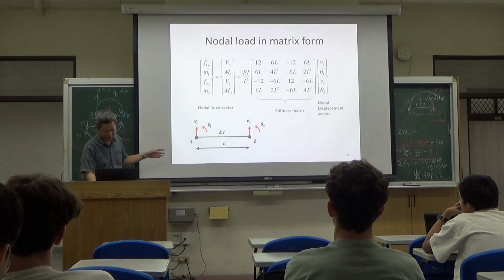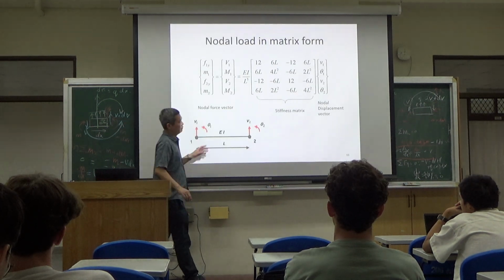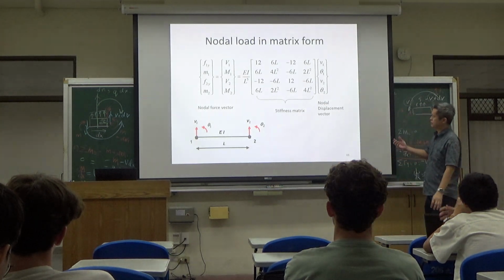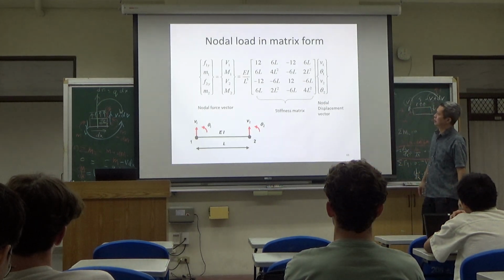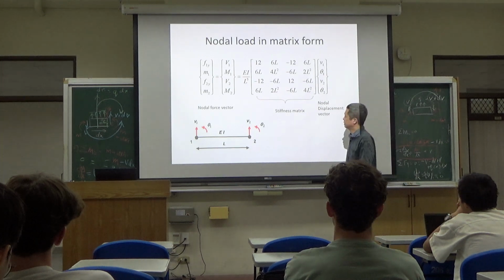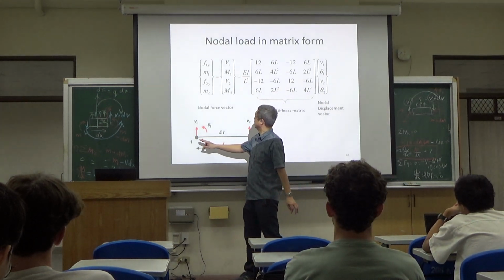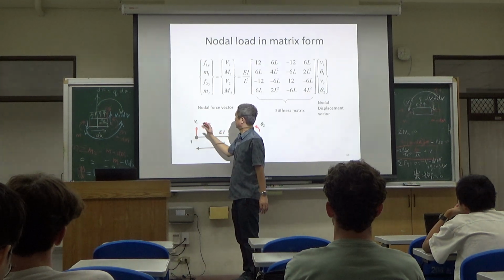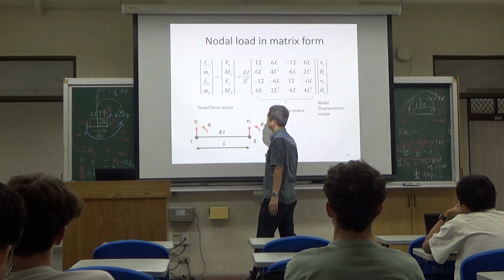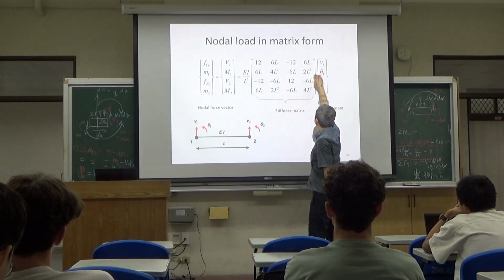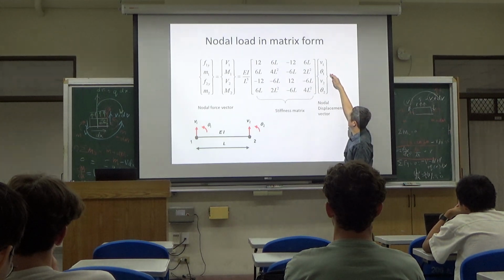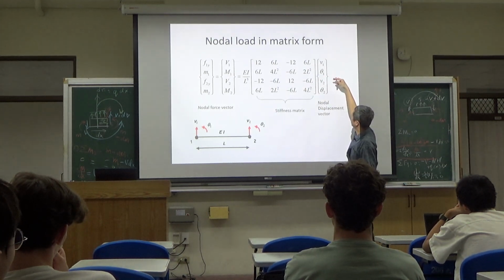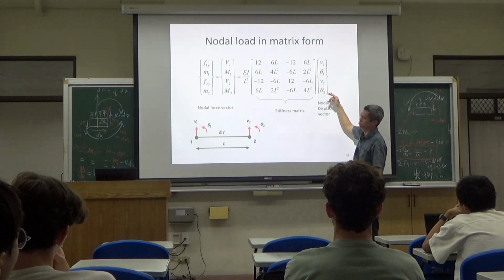So after finishing the entry, now you've got your formulation of the finite element for beam. What you're writing here is the vertical force on the left hand side and the moment on the left node, which can be expressed as a function of boundary value v1, theta 1, v2, theta 2.